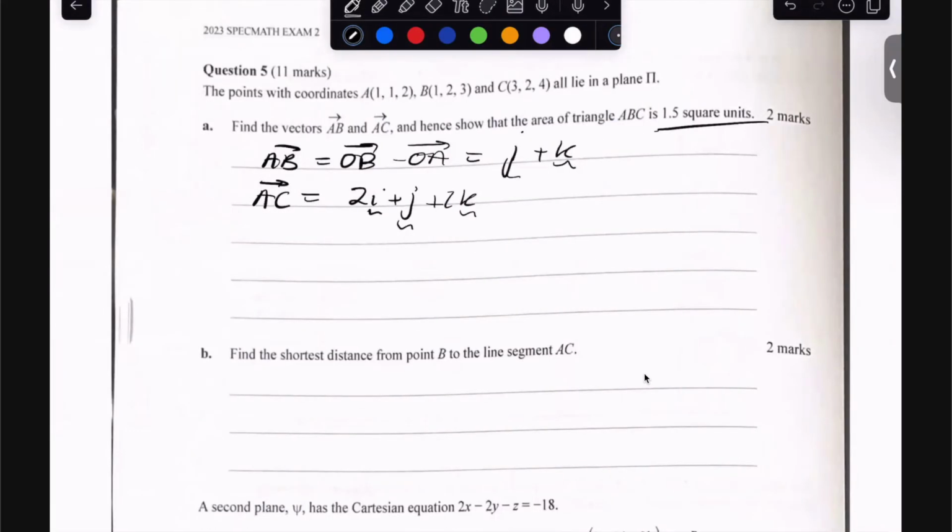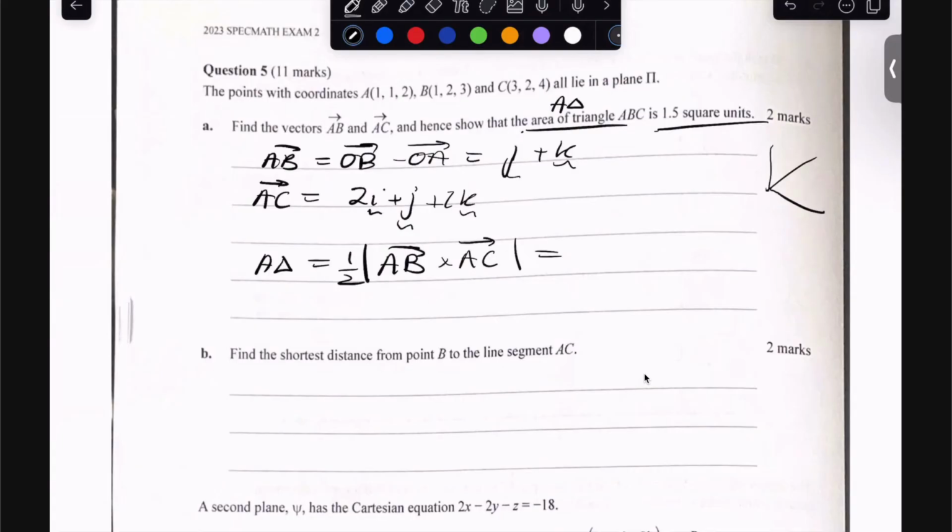Now, the area of the triangle, so I'm just going to say a triangle, that's equal to the magnitude of the cross product of AB and AC, and if it's a triangle, it's going to be half of that. Because remember, if we have the magnitude of the cross product, that gives you the area of the parallelogram. So if you half that, you get the triangle.